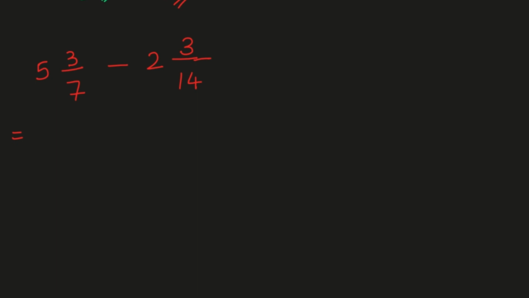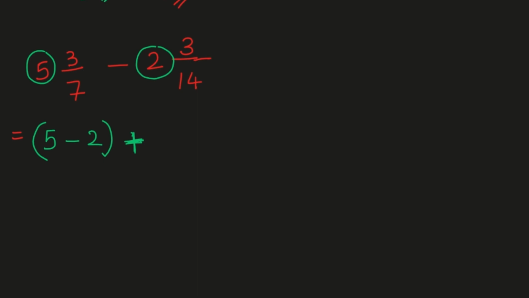So let's do it. What's the whole number here? 5. What's the whole number here? 2. So I'm subtracting 2 from 5. So I'm putting two brackets as well. Then the sign here, it's plus, right? Because I'm joining the whole number part and the proper fraction part through plus sign, right?